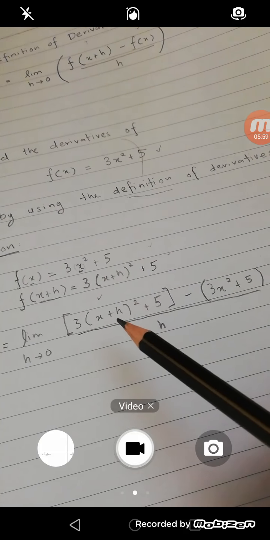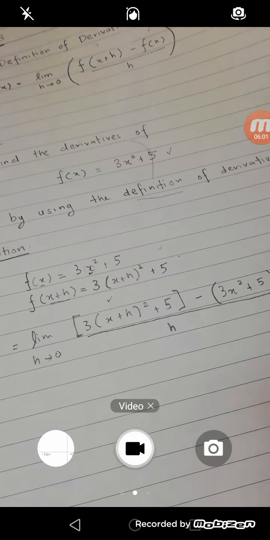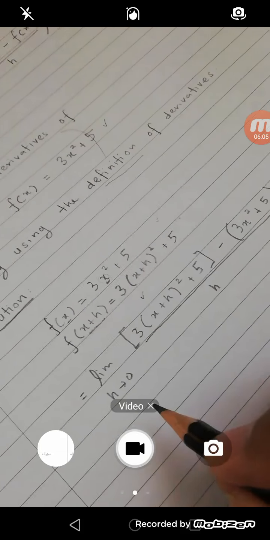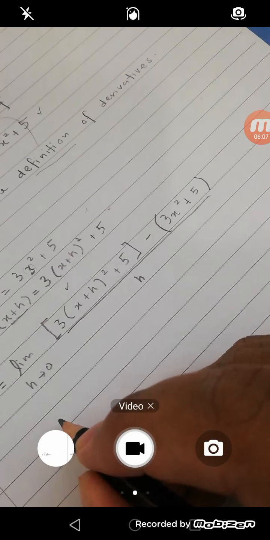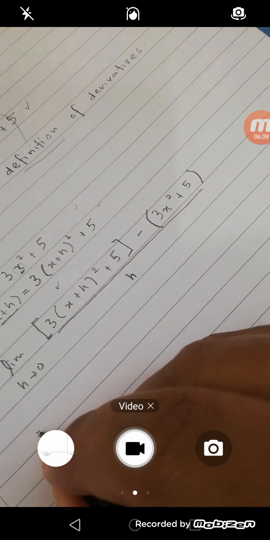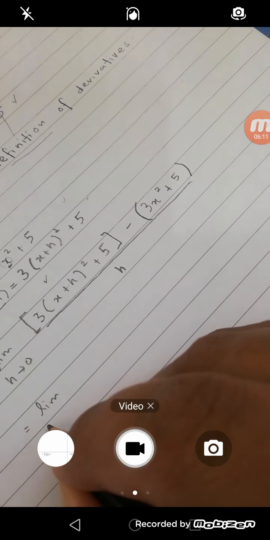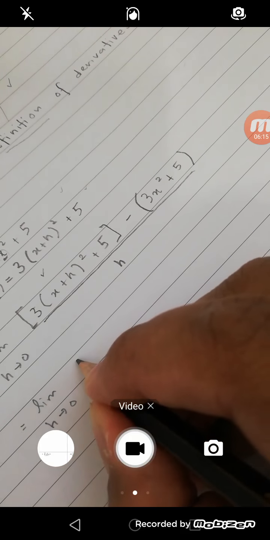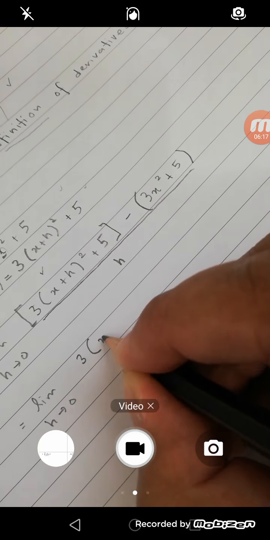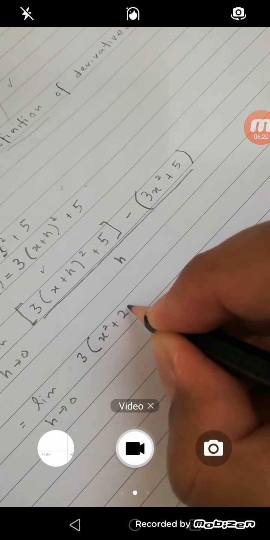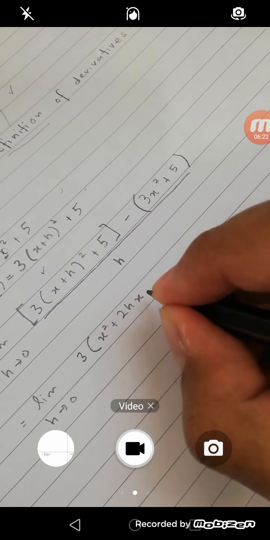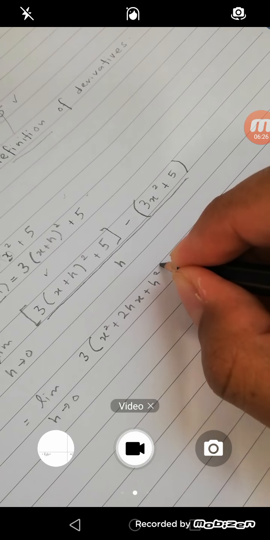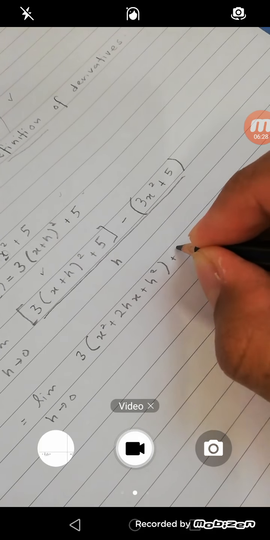I think you already learned in chapter 1 how to expand this. So let us do it quickly. This equals the limit as h approaches 0 of 3 multiplied by (x squared plus 2hx plus h to the power of 2), close the bracket, plus 5.